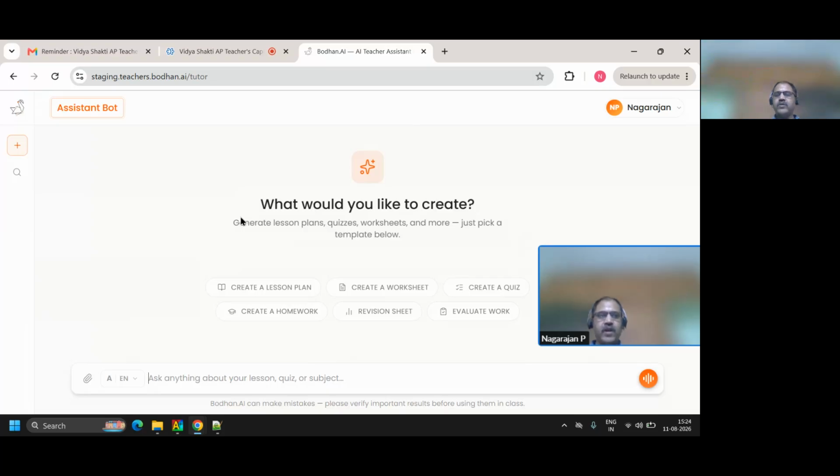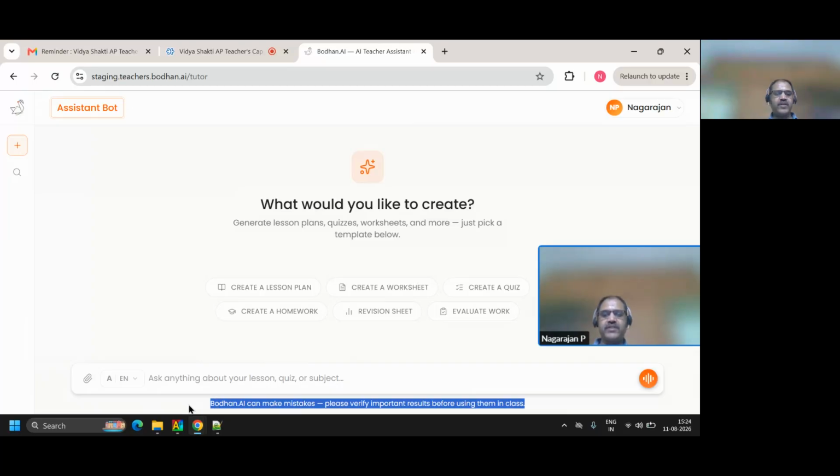Now, most importantly, last week we also mentioned that nothing goes without teacher's review. As a teacher, AI may be fast. You could see the last line, whether it is ChatGPT or Gemini or DeepSeek, it says ChatGPT can make mistakes.